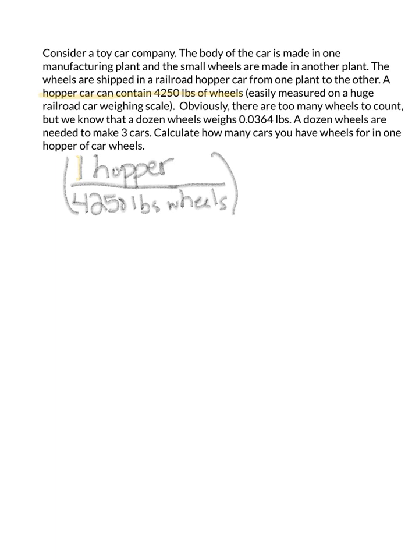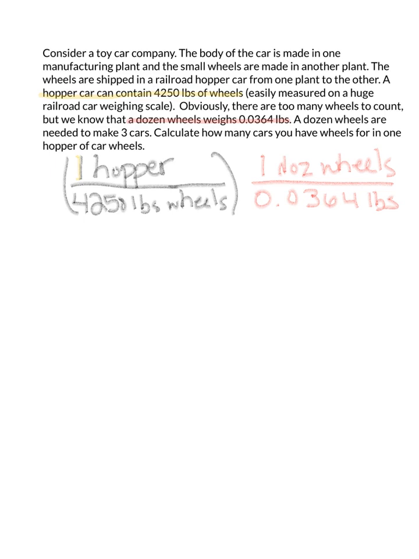Another piece of information that might be good to me is that a dozen wheels weighs a certain amount. So I could build myself that idea: 1 dozen wheels has a certain number of pounds associated with it.